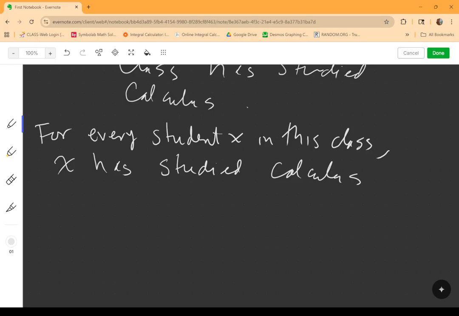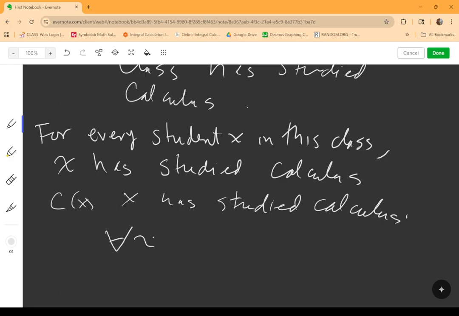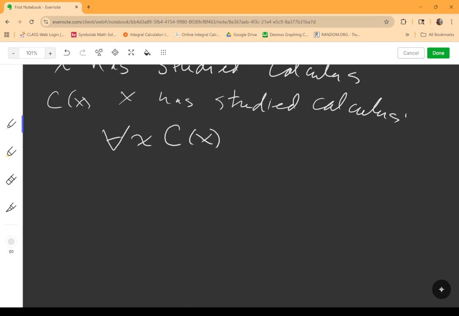So x is a student, and we'll call C(x) the event that x has studied calculus. Putting this using our quantifiers, every student, this would look like for all x, C(x). That would be the equivalent statement in our logic language.